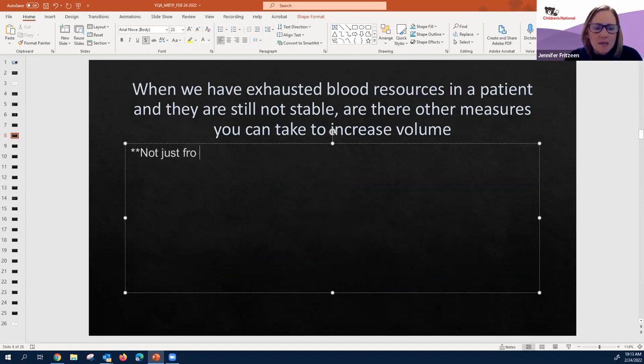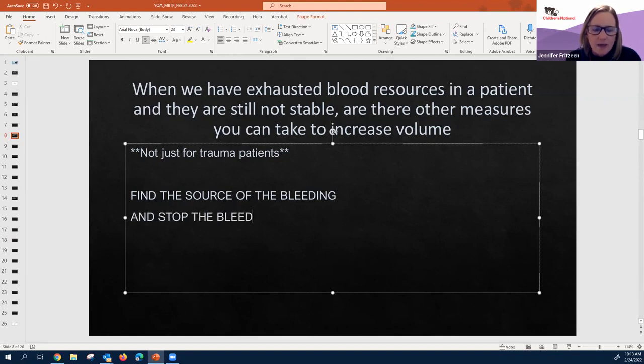But in the world of trauma, from the minute we start giving volume, we need to be looking at where that patient is bleeding from and how we stop that bleed. There should be no exhausting of blood resources, because the hope is we identify that source of bleeding, and our trauma patients should be getting to the OR to stop that bleed well before we get to PAC C.